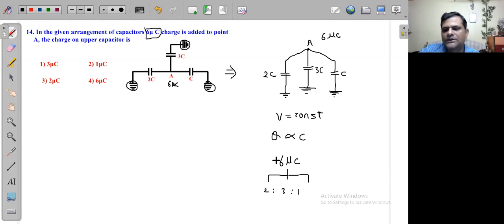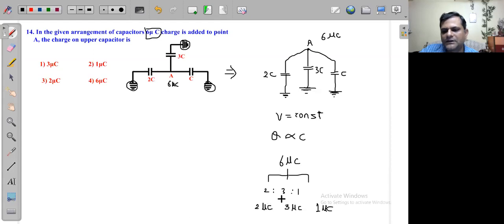So if we try to divide this 6 in 3 parts, that is 2:3:1, then it will be 2, 3 and 1 only. So the first part will actually be 2 microcoulomb, the second part will actually be 3 microcoulomb, and the third part will actually be 1 microcoulomb simply.